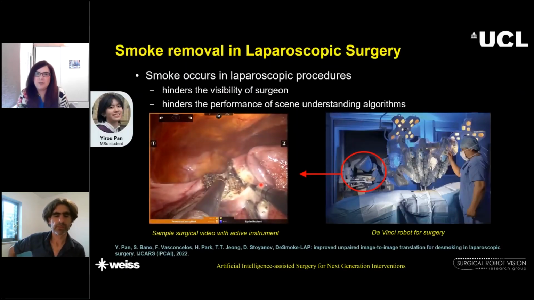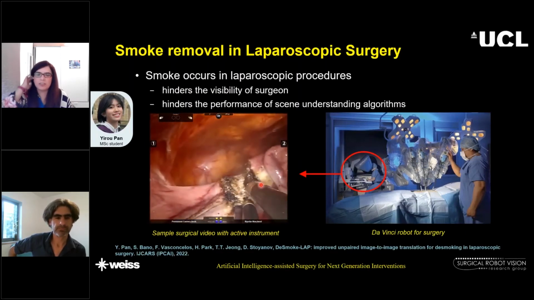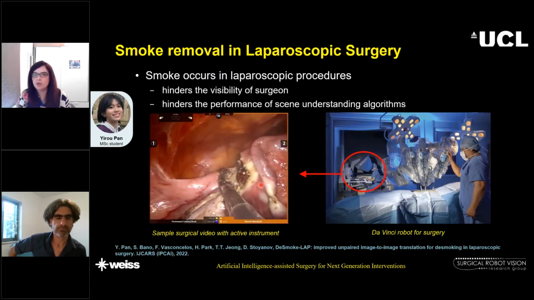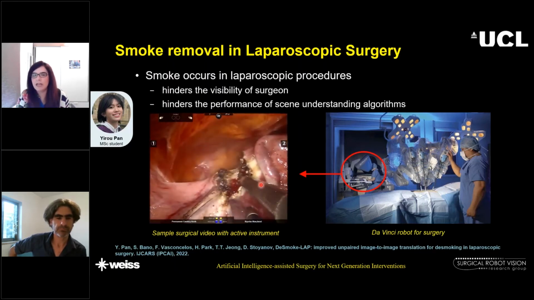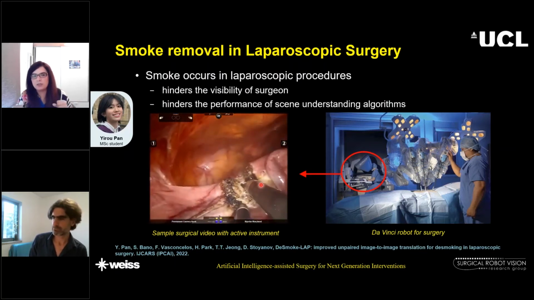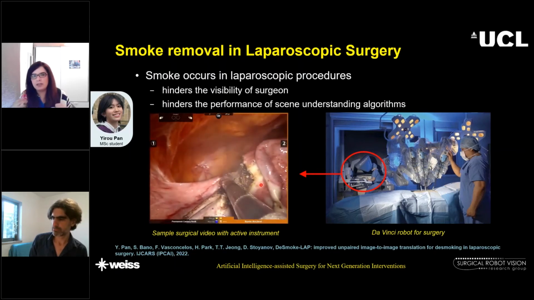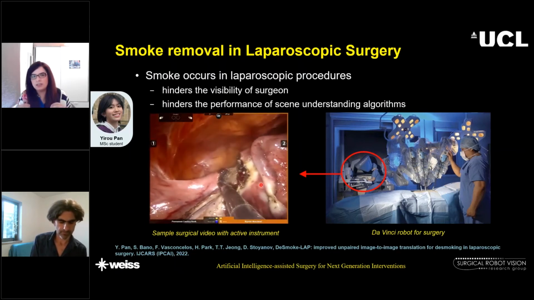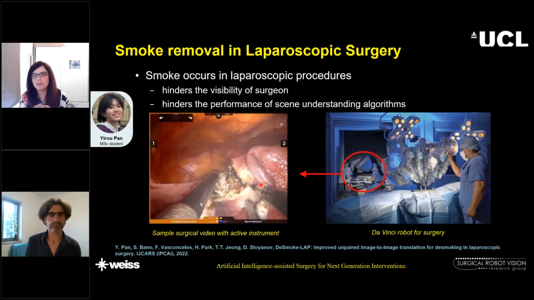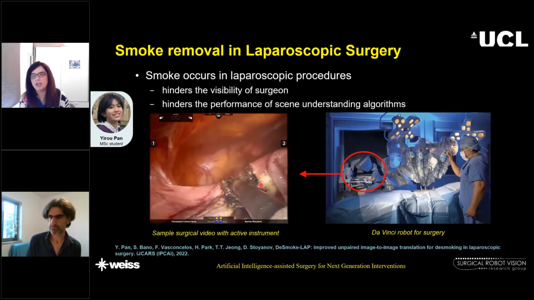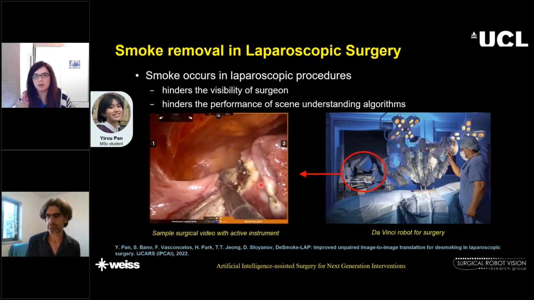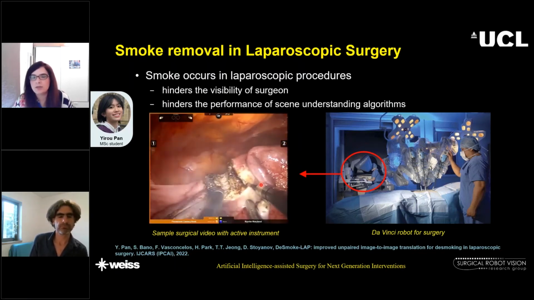Another topic in the context of laparoscopic surgery that we are looking at is de-smoking, or removing smoke from the surgical environment. This is one of the very challenging parts of laparoscopic surgery, because sometimes when the surgeon is cutting the tissue, the smoke can be so large that they have to stop the procedure and wait for the smoke to settle down or be removed from one of the ports and then start the procedure.